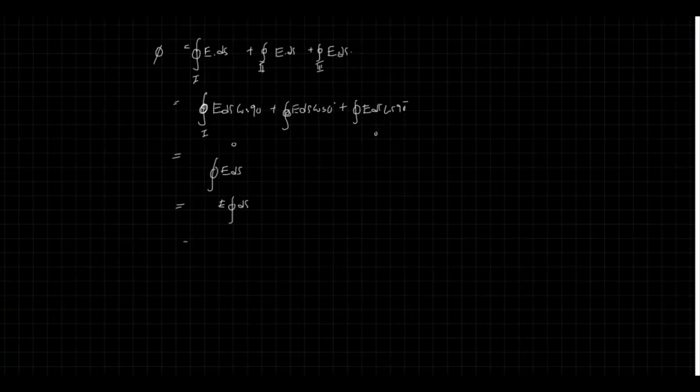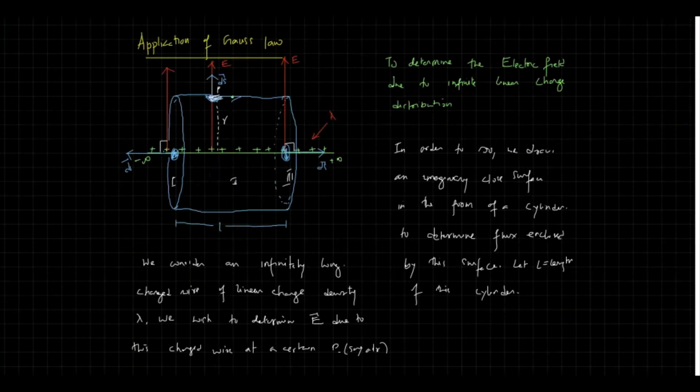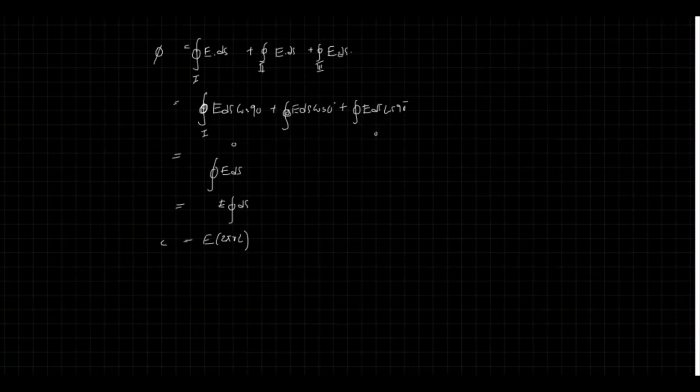So the lateral surface of the cylinder is nothing but 2 pi r into L, where r is the radius of the cylinder. Therefore, now this is my phi. Now using Gauss law, we can say that phi is equal to Q by epsilon naught.